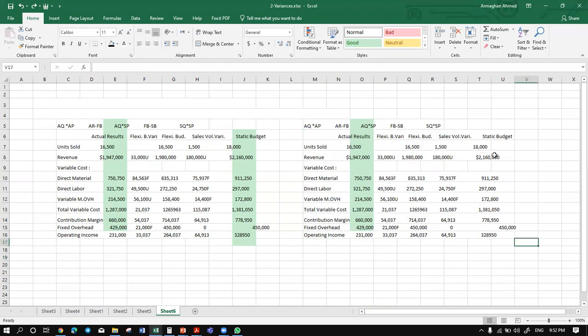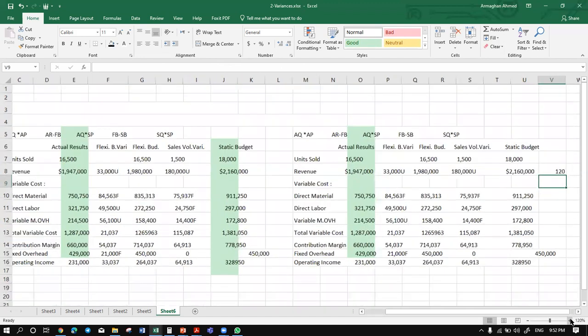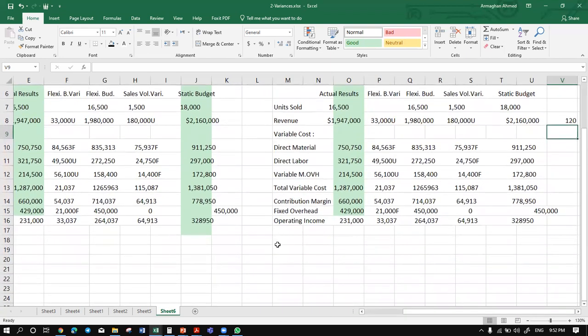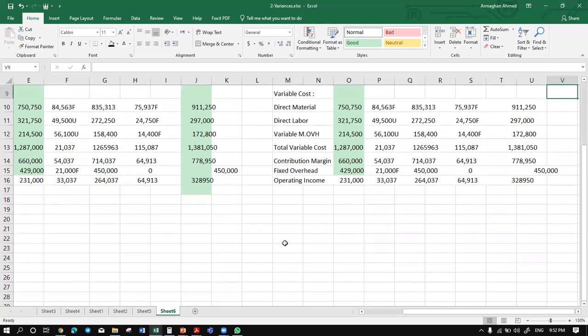How can I calculate per unit? 2,160,000 divided by how many units? 18,000. Saqib, are you getting this point? First of all, if I want to calculate anything, let me create a simple thing.